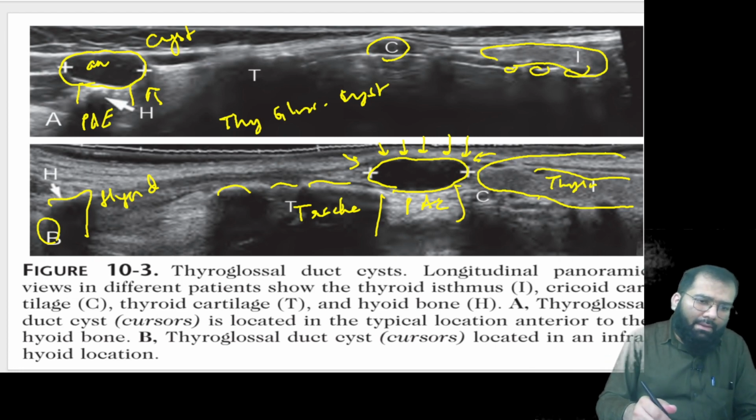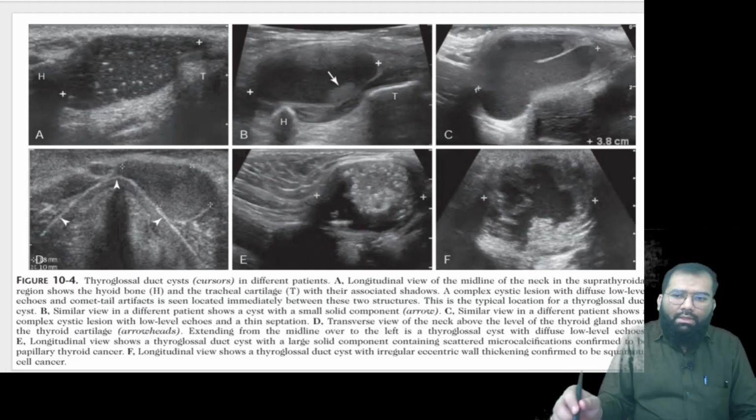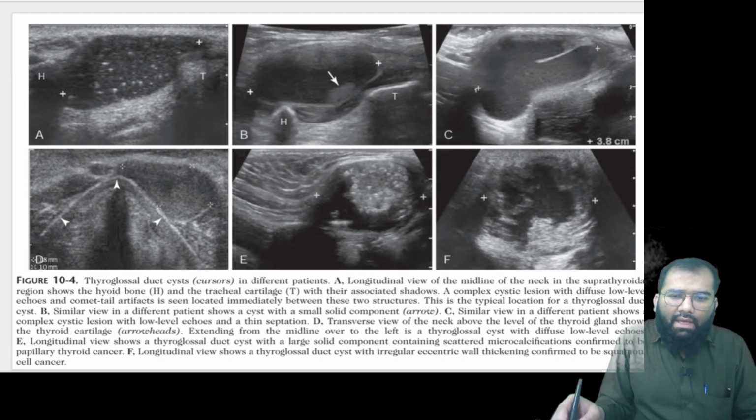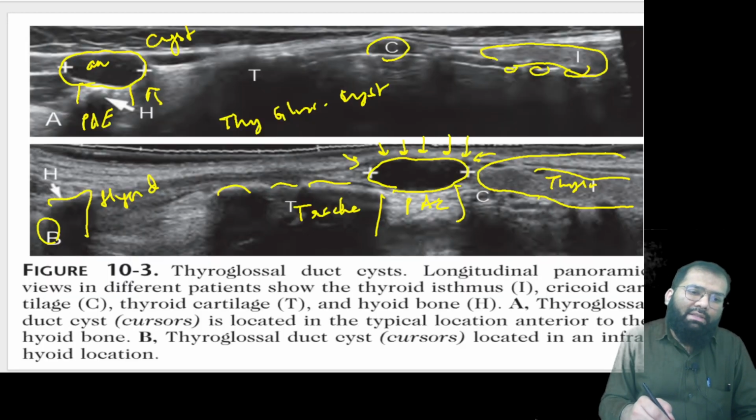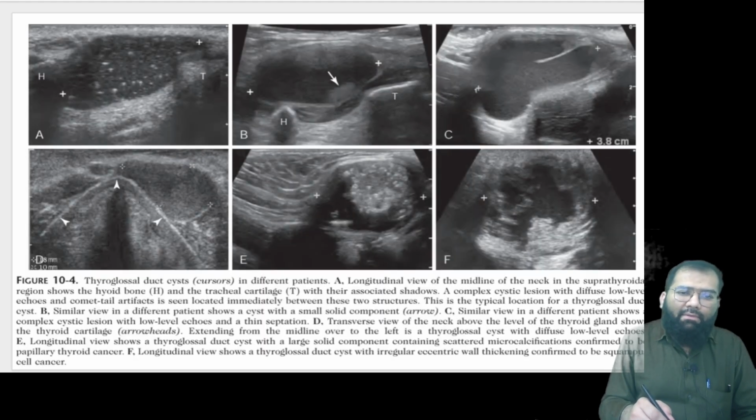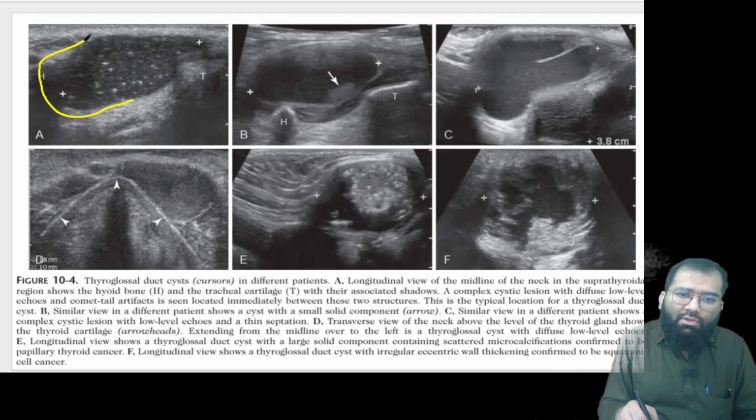Okay. Now, these are other examples of thyroglossal duct cysts. So normally you might find that the cyst is clear, but in some cases you might find that the thyroglossal duct cyst might show colloid material within it. Like in this case, you are able to see that there is a thyroglossal duct cyst with multiple comet tail artifacts within it.